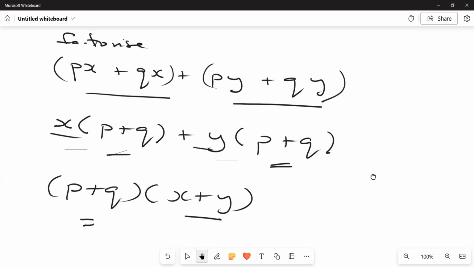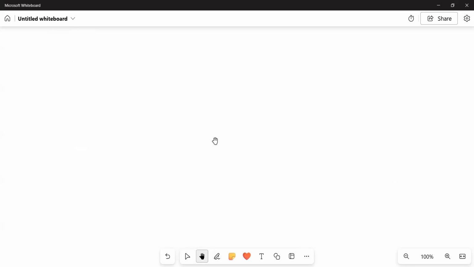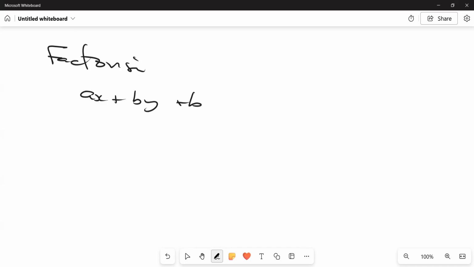All right. Let's go with another one. We do another similar one. Factorize ax plus by plus bx plus ay. Look at that. So here it's not immediately obvious, right?